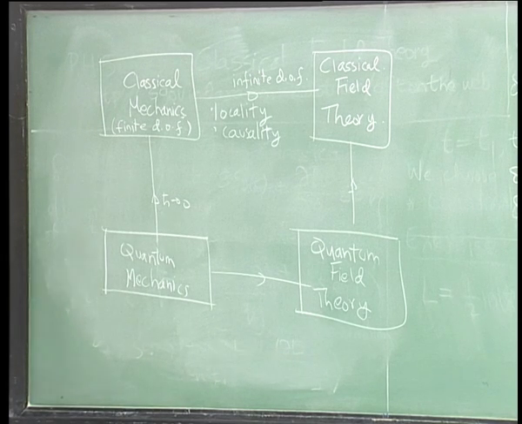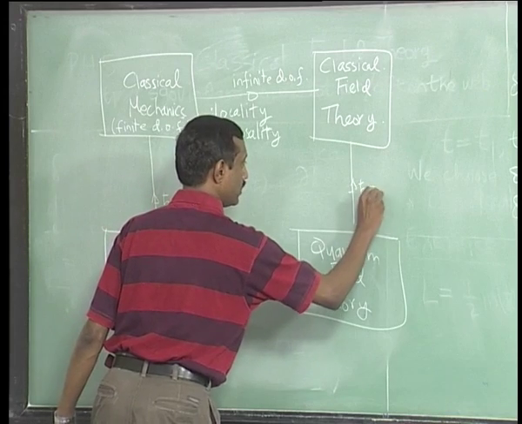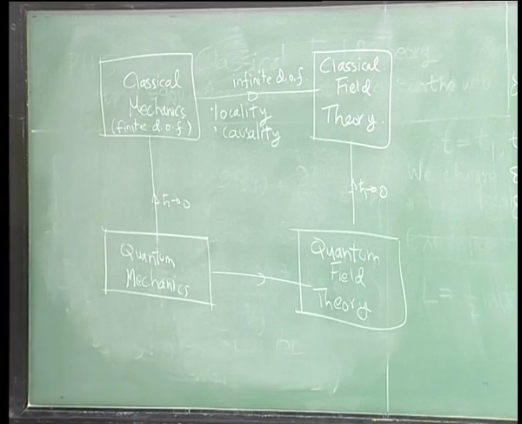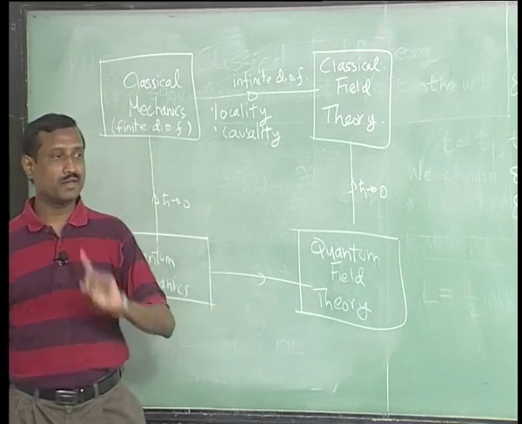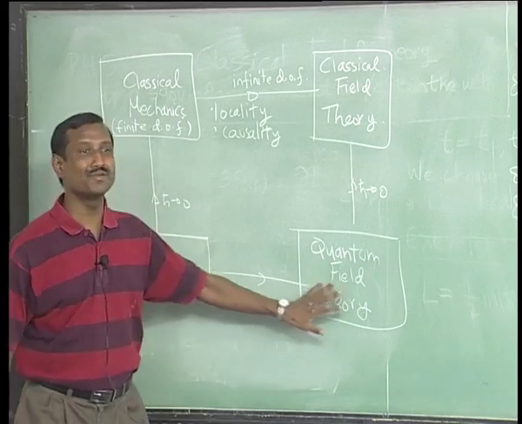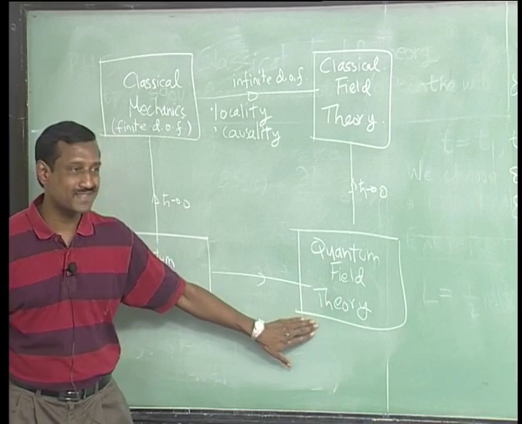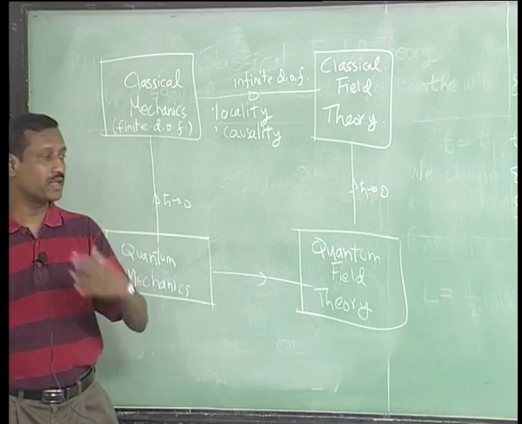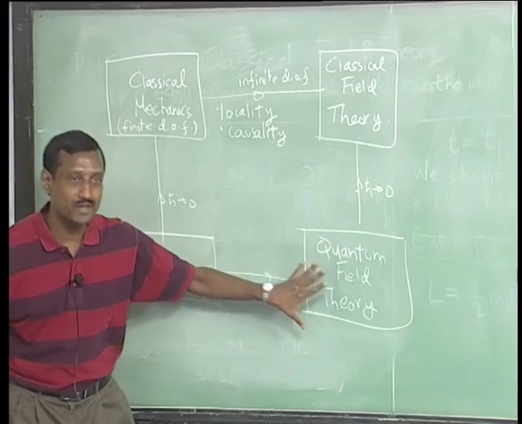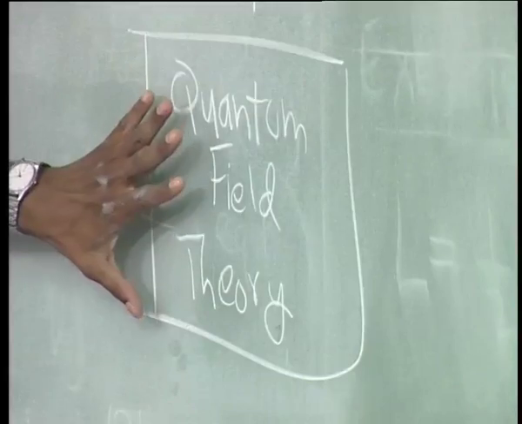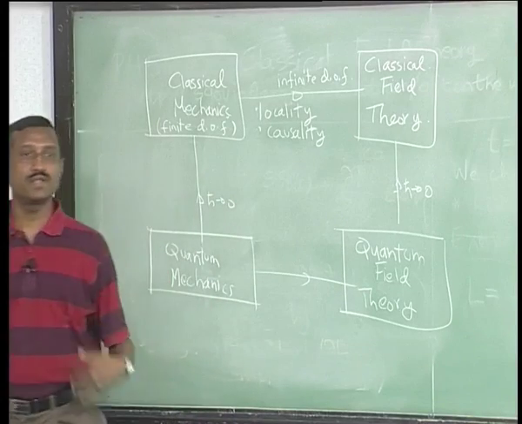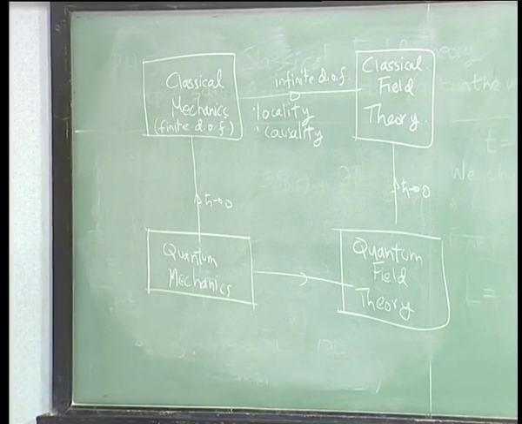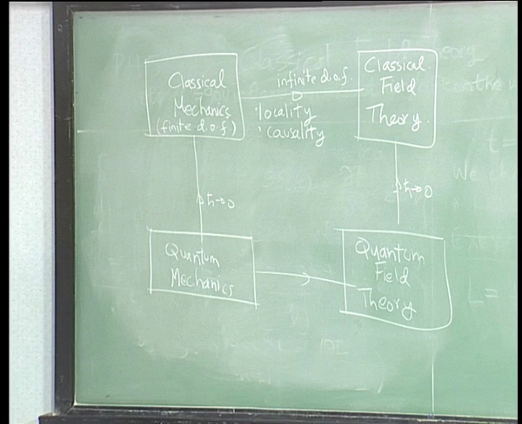Again, this would be h bar tending to 0, and so in this course, of course, we will not be doing quantum field theory, but on and off I will keep referring to quantum effects, just to show you that this is a very rich subject and requires a lot of study. But what we will be doing is only classical field theory, and maybe in your next course you would be doing quantum field theory.